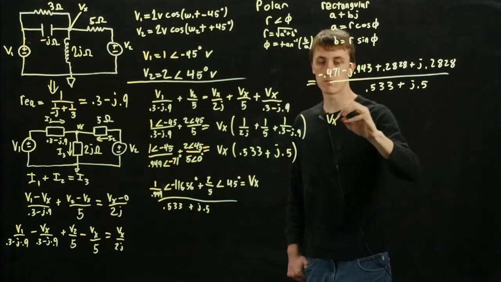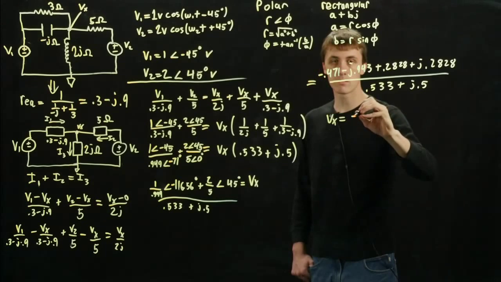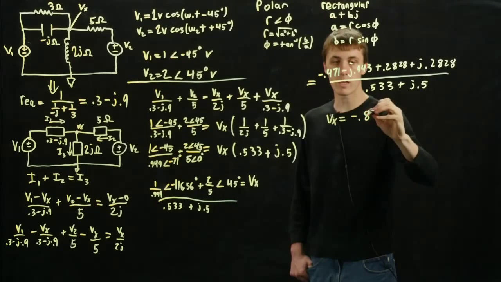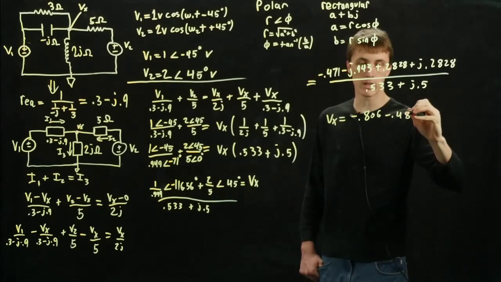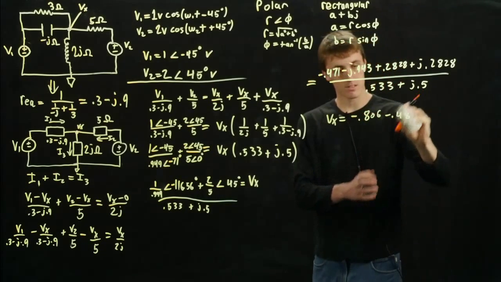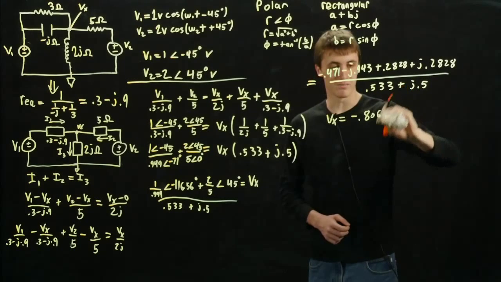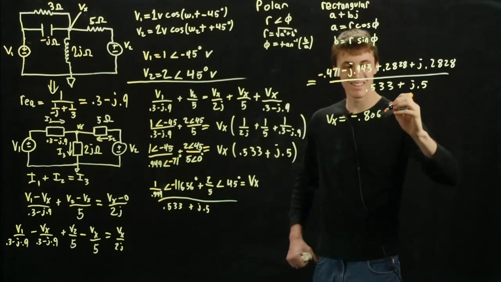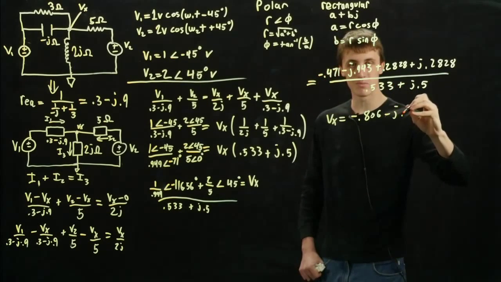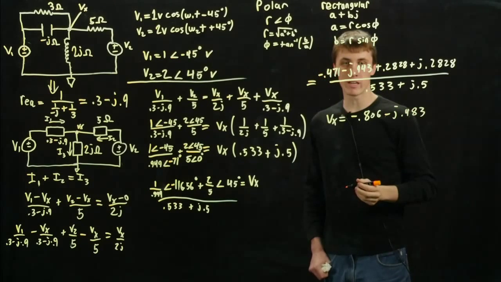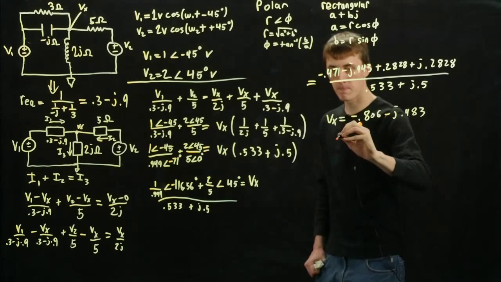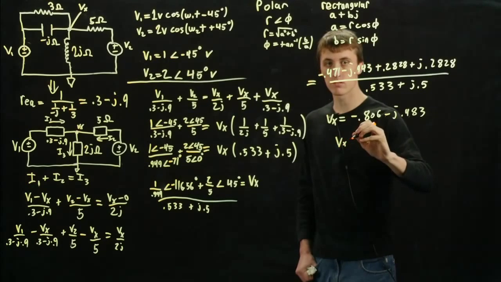So once you type that in, Vx is equal to negative 0.806 minus j times 0.483. I put the j in front again, because I mess that up all the time. And we can convert this back to polar using the same equations.